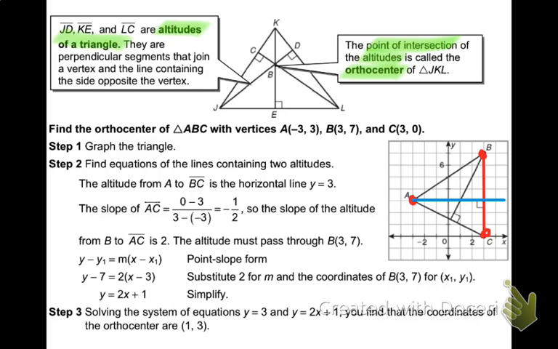So in order to find that, now again, altitudes, they're perpendicular segments. So we have to think of perpendicular slopes. Well, they found the slope of AC. If I'm thinking of slope, what's another way I can think of slope? Instead of the slope formula, what's another way to say slope?